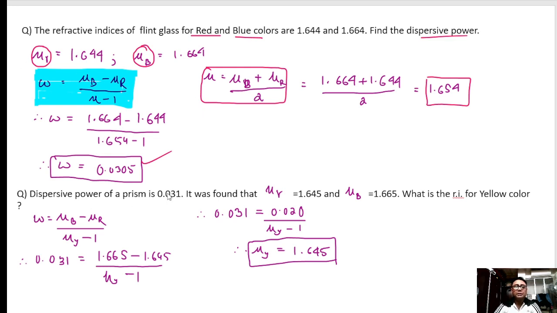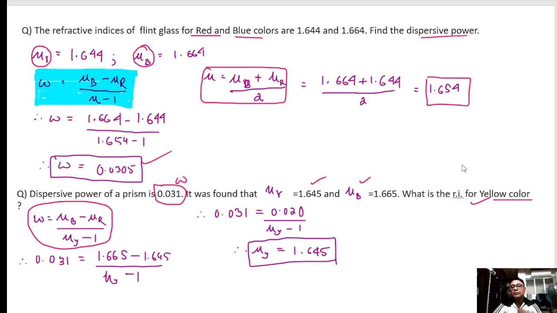Next, dispersive power, that means omega, is given to us, mu r is given to us, mu b is given to us. Find the refractive index. So here we are finding, this is the formula. Okay, for yellow color. So we know that yellow is actually the mean color.